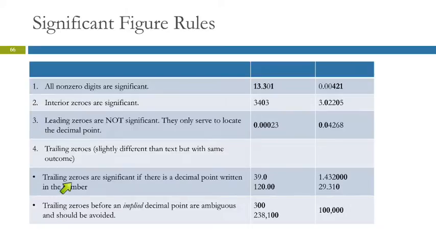So trailing zeros are the ones that come at the end of the number. So these are trailing zeros. They're coming at the end of the number. If there's a decimal point actually written in the number, then you count those. If there's no decimal point, like these numbers, then you don't count the zeros at the end.